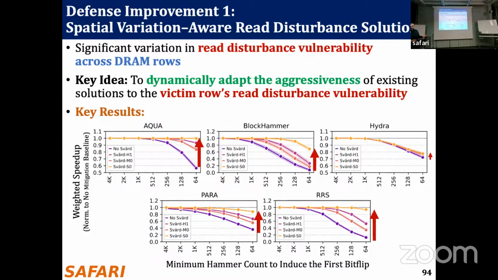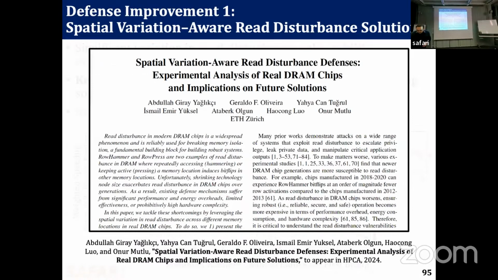But by using this profile that you have, you can actually reduce their performance degradation significantly, and you can make them work even at a threshold of 64 activations in a practical way. So this is a paper that will appear in HPCA 24, so I will not go through it in more detail in this talk, but we can do that in the talk on Monday if you prefer.